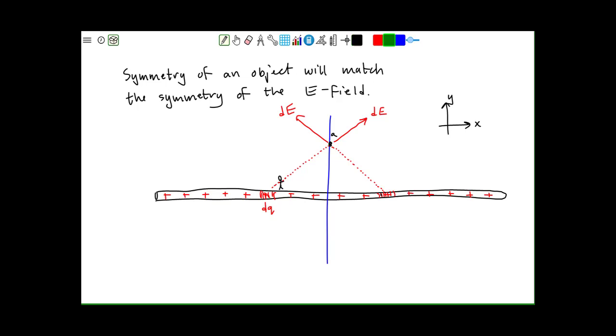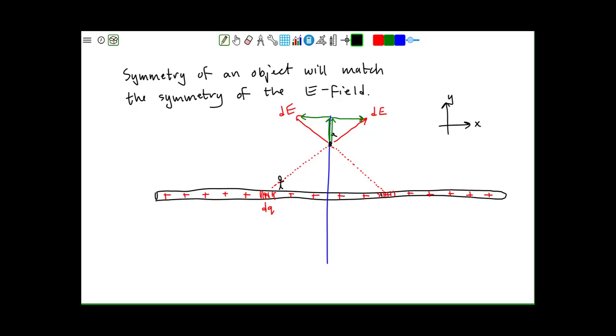We could see from here that the x components of the electric fields, due to those tiny bits of charge, will cancel. They are equal in magnitude and opposite in direction. The components of their electric fields that don't cancel are the components that are parallel to that middle axis.